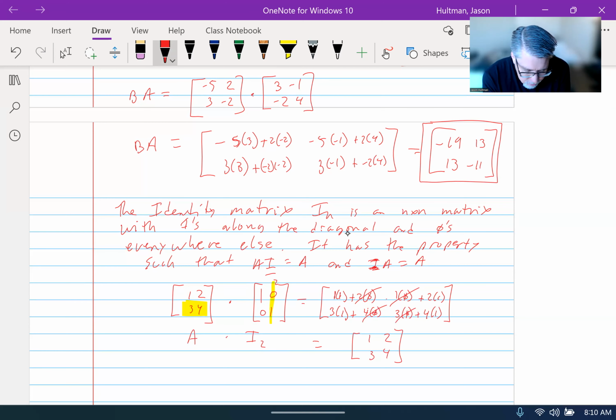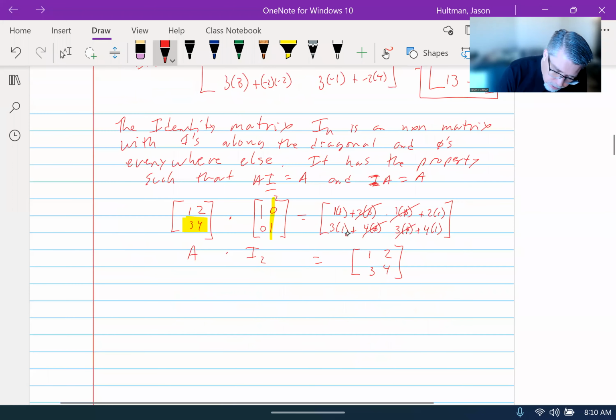We don't have to have a square matrix, as long as the columns in the first matrix match the rows in the second one.